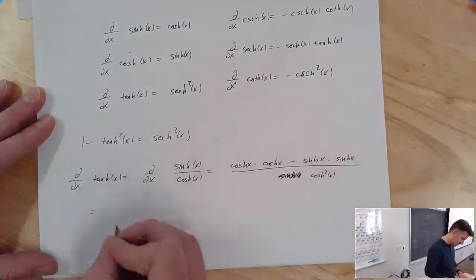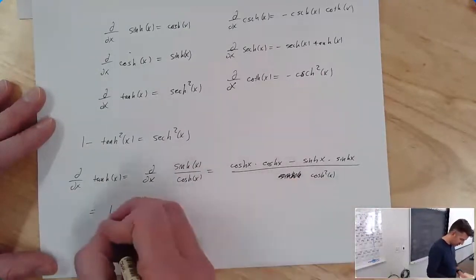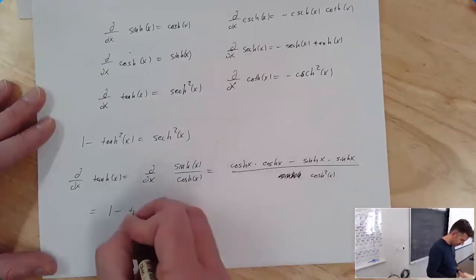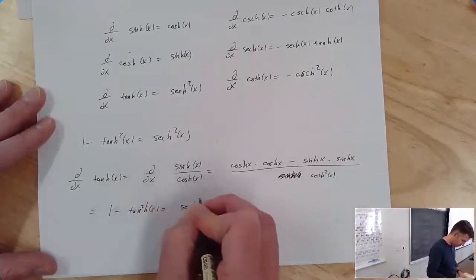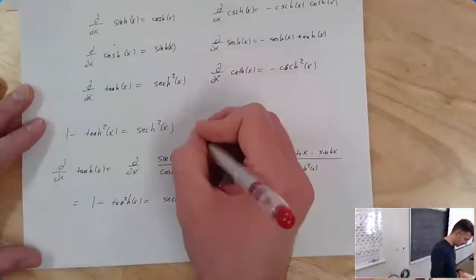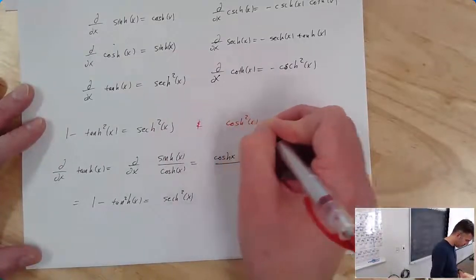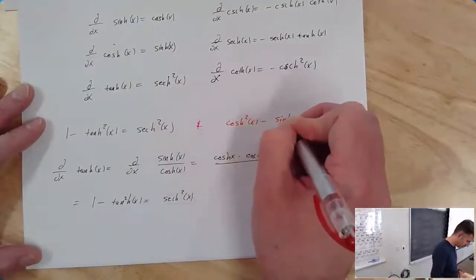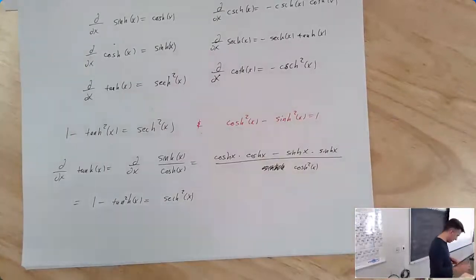And then that ends up being exactly cosine squared over cosine squared minus sine squared over cosine squared, which is exactly hyperbolic secant squared. The other hyperbolic trig identity that I didn't write down, but is actually what we usually use for this, is that the hyperbolic cosine squared minus the hyperbolic sine squared equals 1. All right. I've said too much. Not really. I've said enough.